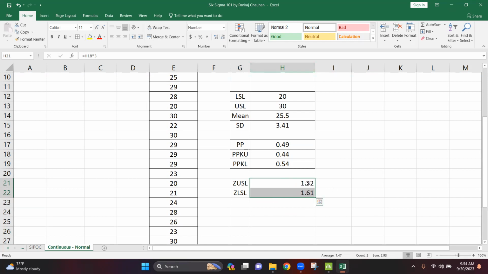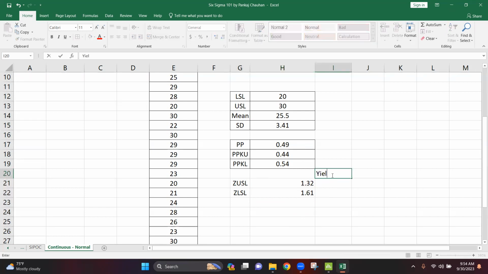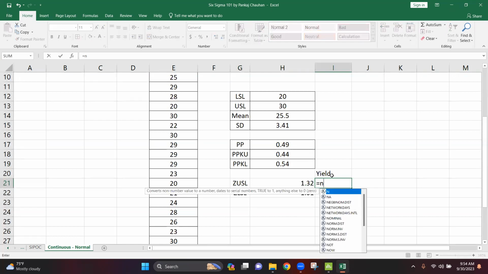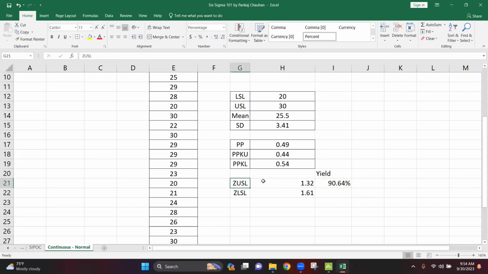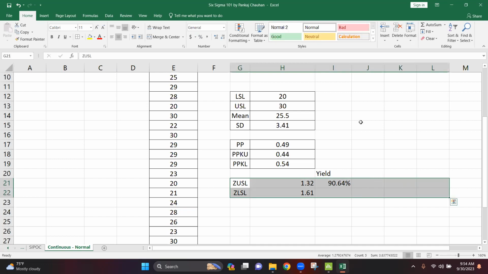Now, what does it mean? I have to convert this value into the yield. So if I look for the yield value at 1.32 sigma, I use the formula NORM.S.DIST in Excel and select the sigma Z value. This means there is a 90.64% chance that data will not miss the upper specification limit, because this is the ZUSL we have calculated.